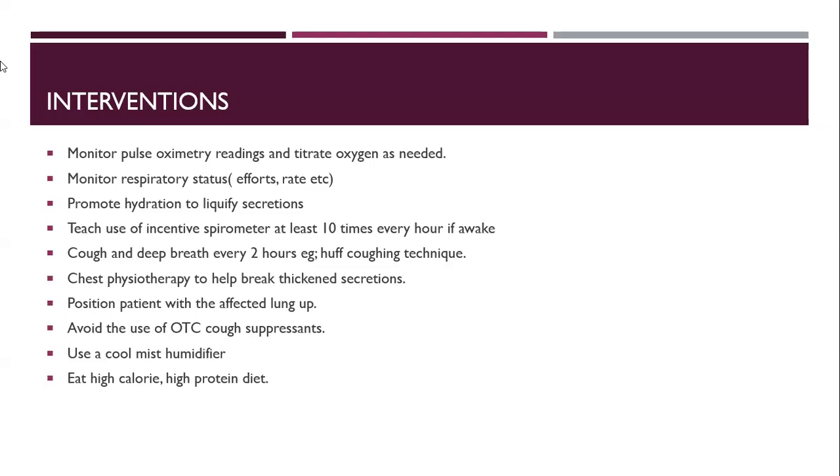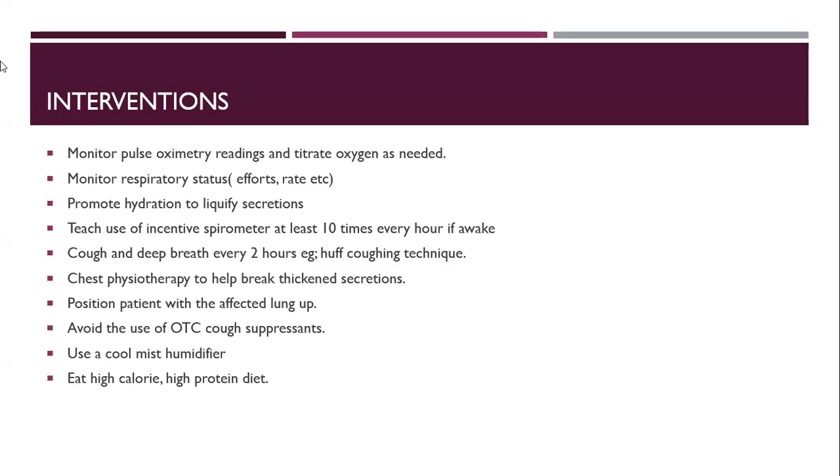Good. Then next point, avoid the use of over-the-counter cough suppressants. Why should we even take a cough suppressant? We need you to cough to bring the secretions out, and you are suppressing it. It is not advisable, right? Then next point, use a cool mist humidifier, something that can warm the air you breathe.